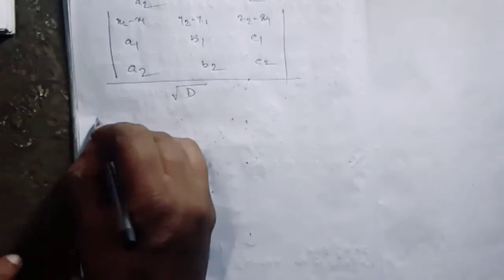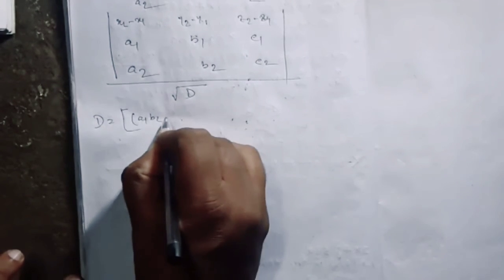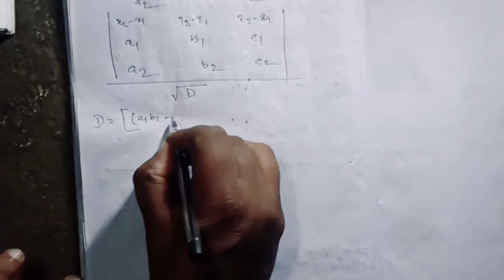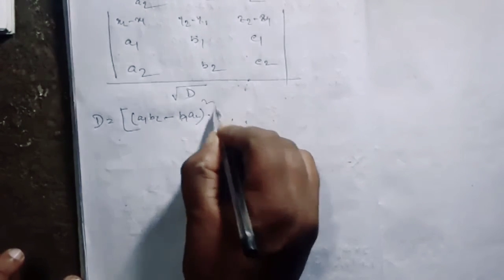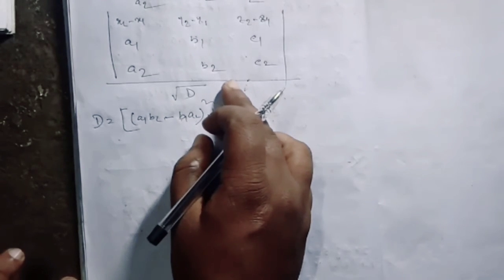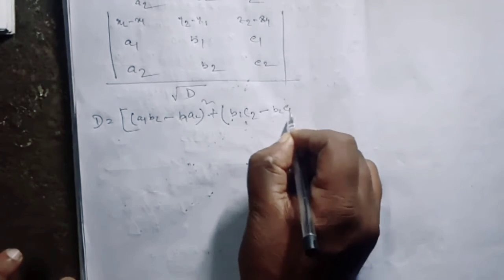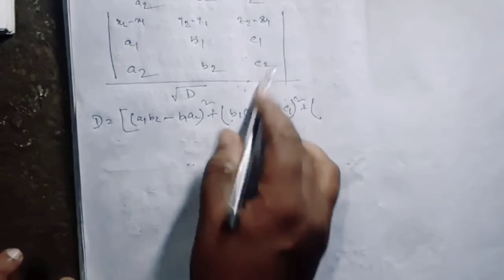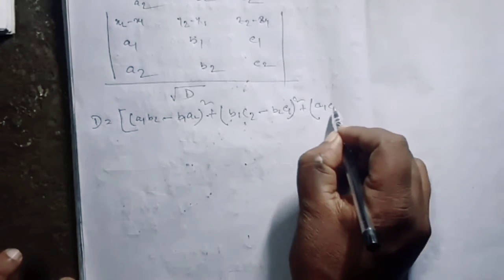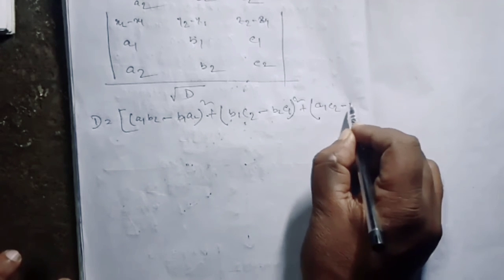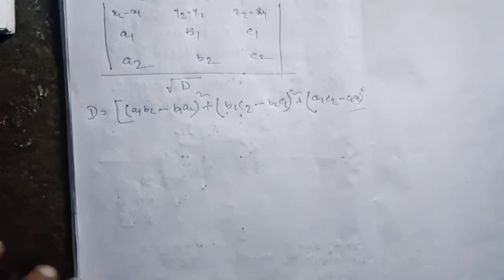D equals (a1 b2 minus b1 a2) squared plus (b1 c2 minus b2 c1) squared plus (a1 c2 minus c1 a2) squared.